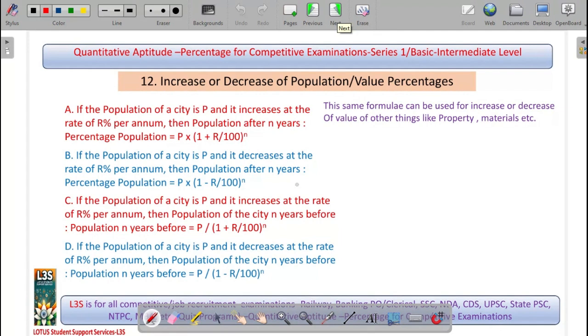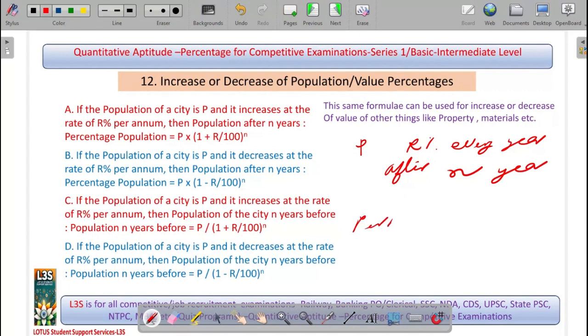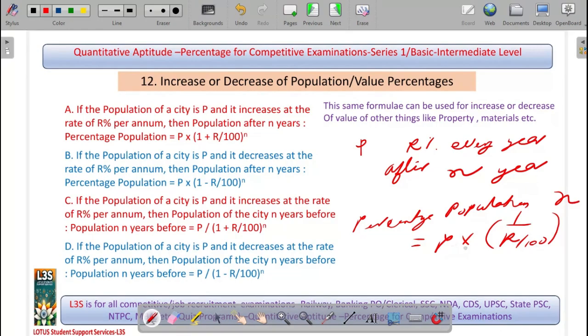If the population of a city or value of something is P and it increases at the rate of R% every year, then after n years, in this case considering population, it will be P into 1 plus R by 100 to the power n. We have to remember this formula.